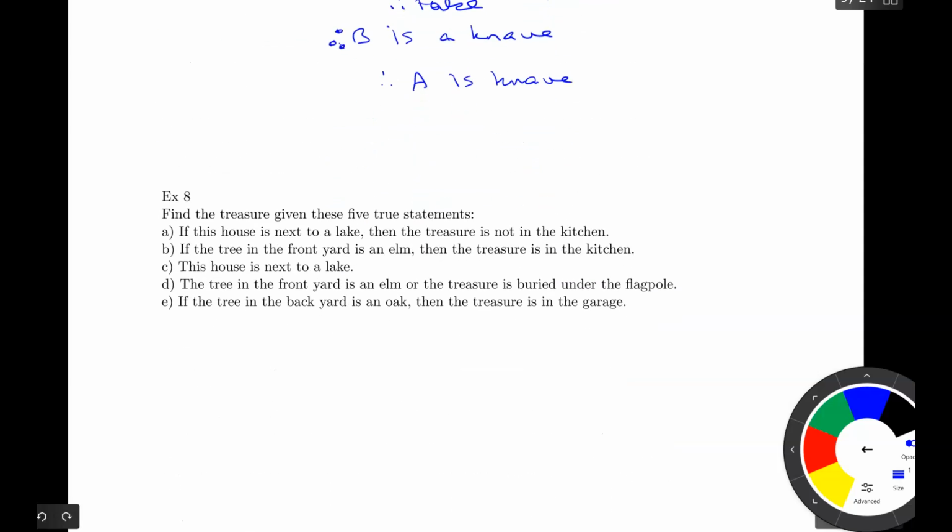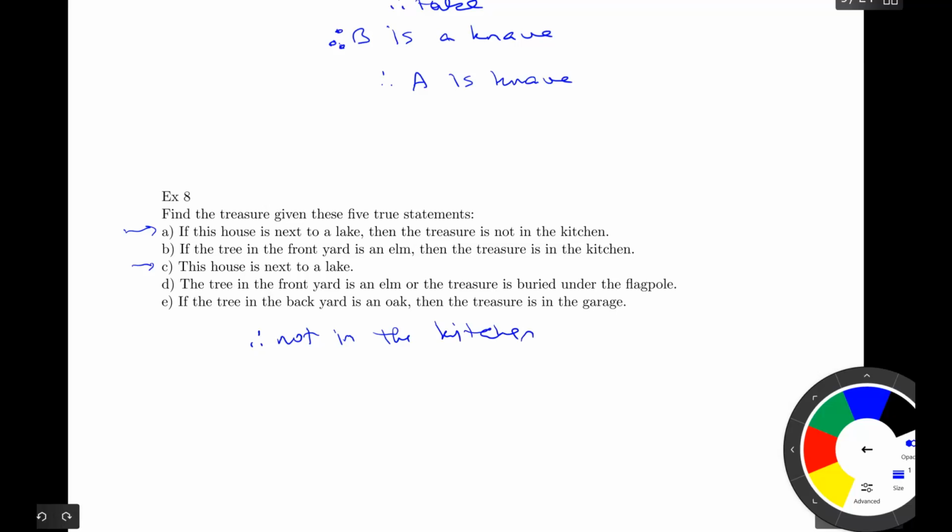Okay, I'm going to have you stop and read this, because I'm not going to read it and think through it with you. So pause here, read this. Okay, coming back. From A and C, I can conclude that it's not in the kitchen.